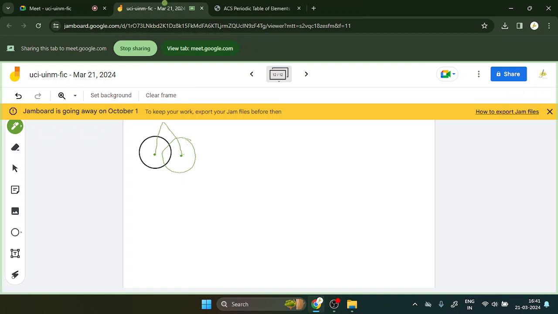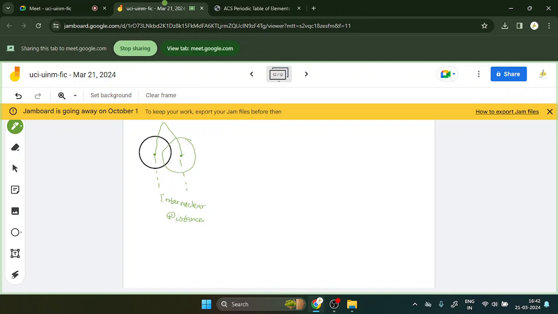This is the internuclear distance, and the distance between these two nucleuses is the atomic radius. Atomic radius can also be defined as half the internuclear distance. So half of the internuclear distance is called the atomic radius.